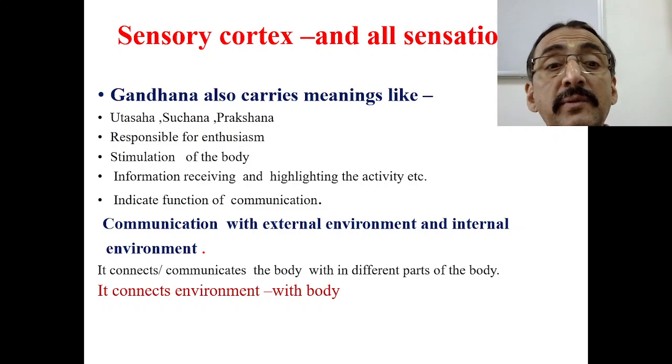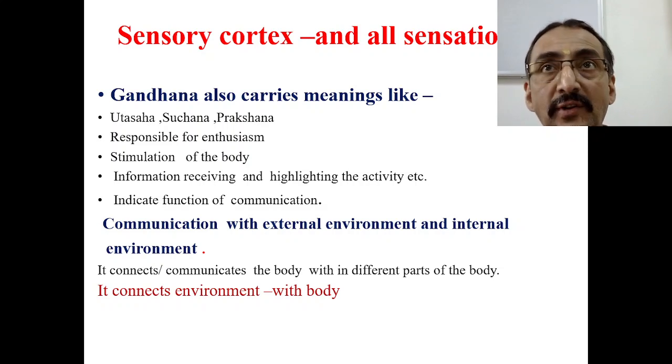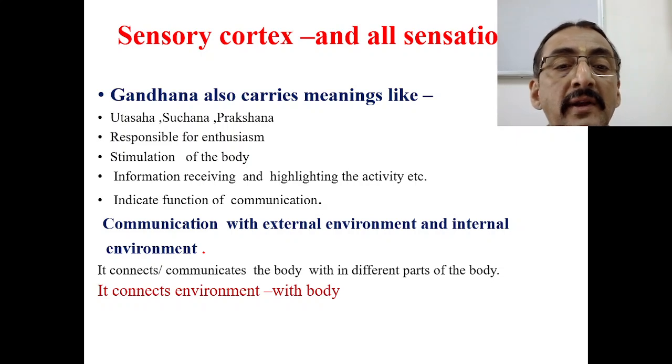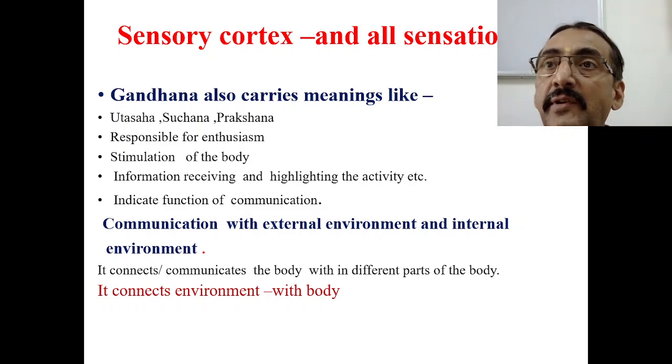Gandhana is also responsible for communication with the external environment and the internal environment. It connects or communicates the body with the different parts of the body also. So it connects environments with the body. Without sensory perception, you cannot connect yourself to the external environment. This is what actually happens in autism. In an autism patient, what happens?